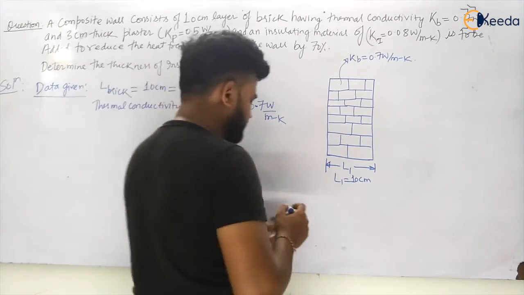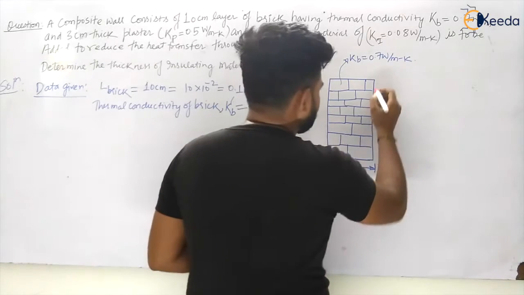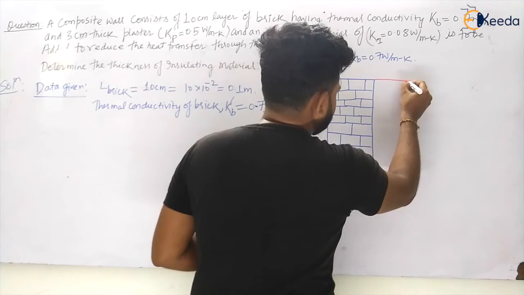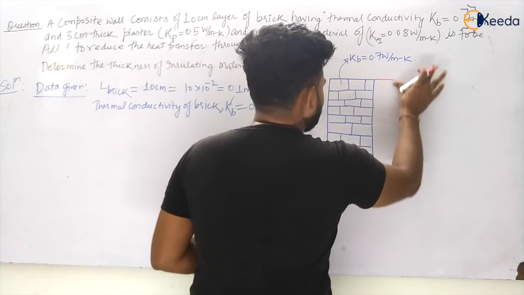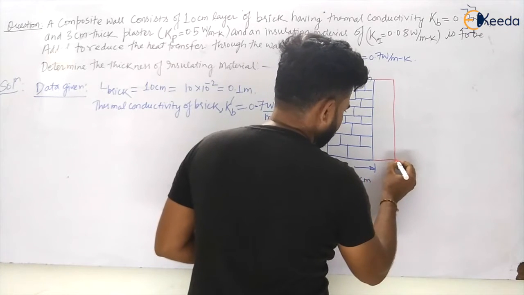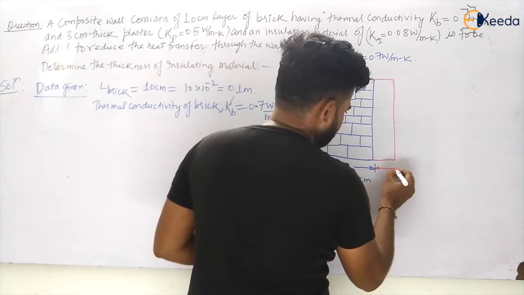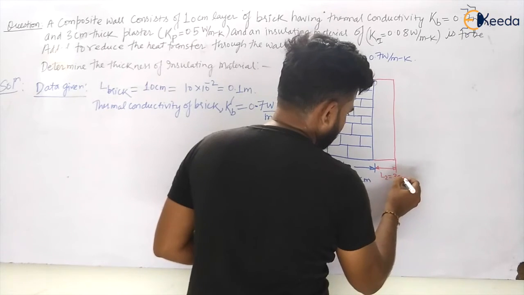So there is a 3 centimeter thick plaster. I am just using another color so that you can feel it. 3 centimeter it is, so I will make it small. Let's take it like this, having 3 centimeter. Let us take L2, 3 centimeter.